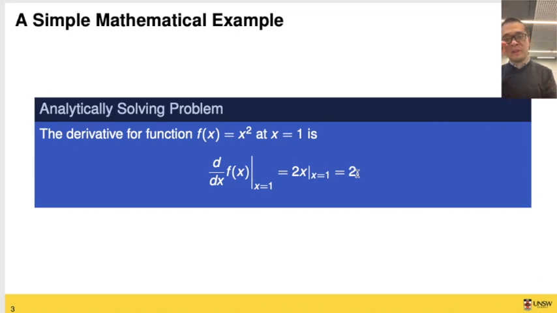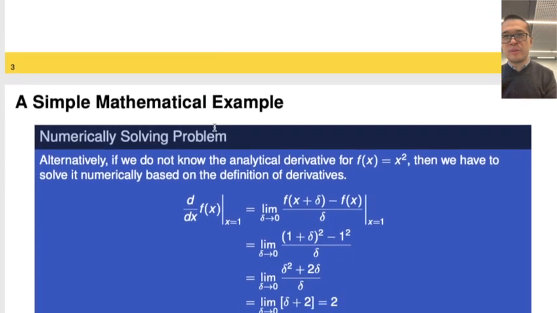Many problems we deal with, we don't know the analytical derivative of the function. We only know the value of the function f(x) at a certain point x. Now, how do we do that?